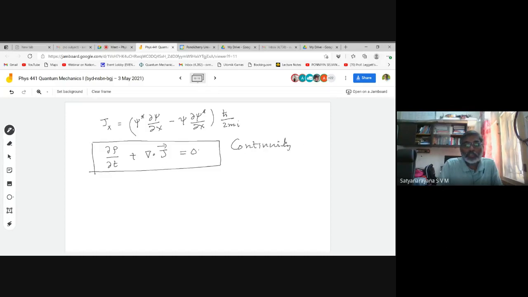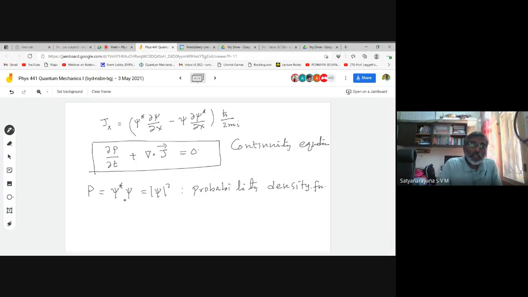This is called a continuity equation, where rho is equal to psi star psi, or mod psi square. This is the probability density function.